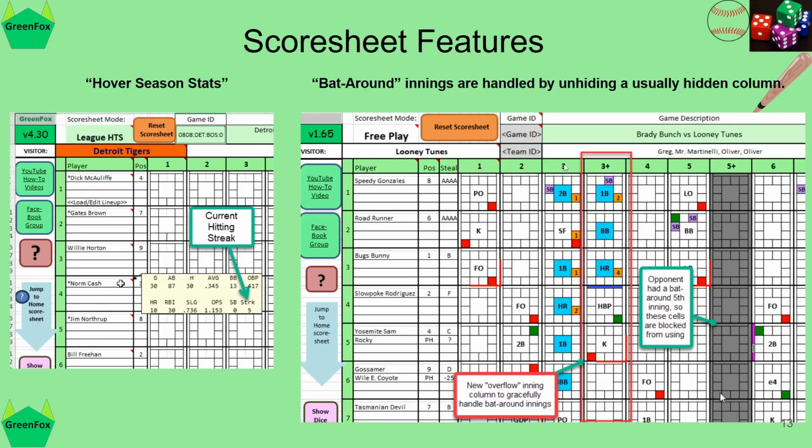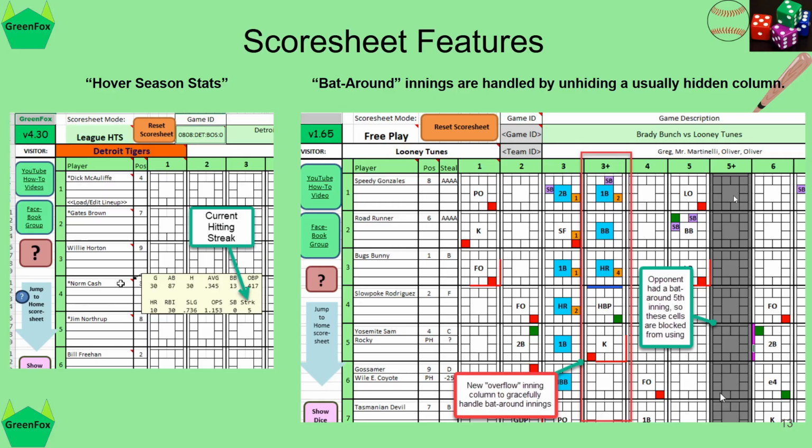I do need to thank John Turnbull for showing me this on a different spreadsheet he had worked on, and that's where I got this idea from. So thanks John. That's a convenient way that GreenFox handles these innings. As long as you don't have more than 18 batters in an inning, you're okay.